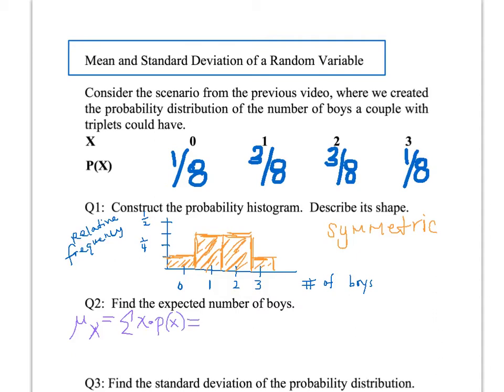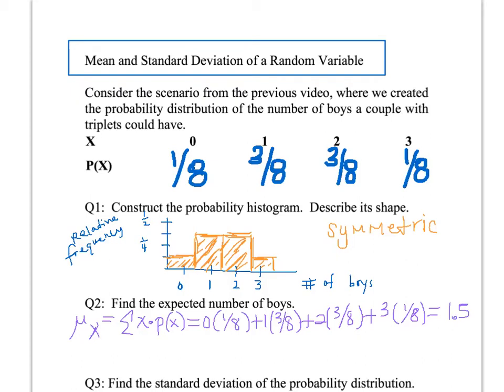So I would take 0 times 1/8 plus 1 times 3/8 plus 2 times 3/8 plus 3 times 1/8, and that would give me an expected value of 1.5. And hopefully this makes sense to you.